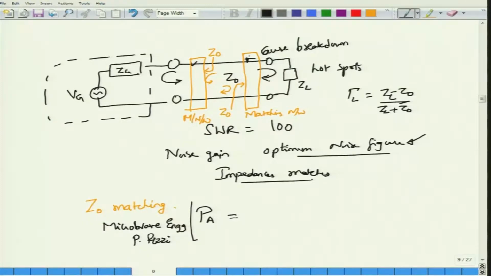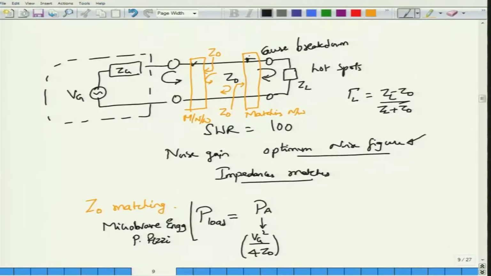This is a simple derivation, and I like it because he derives it in a very simple manner. He shows that the power that is available, the maximum power, is given by Vg square by 4Z0. Again, this maximum available power is in the practical scenario.